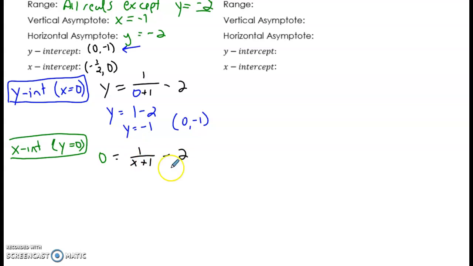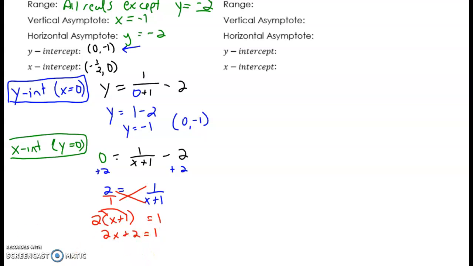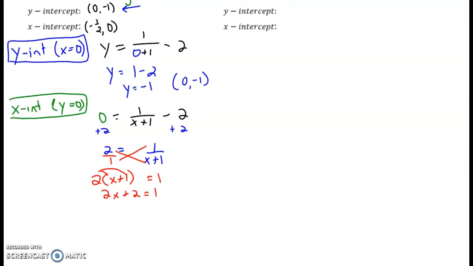This one's a little trickier to solve, but we can add the 2 right away. And then we can cross multiply if you want. Think of that as over 1, and you can multiply the cross products. So we have 2 times x plus 1 equals 1. If we distribute, and keep going by solving that.